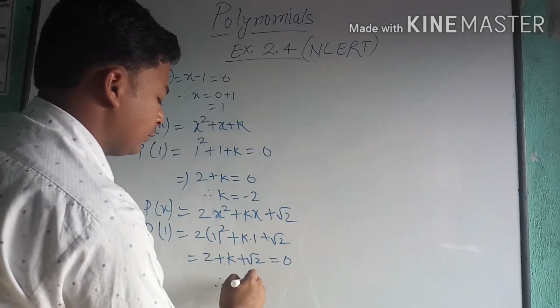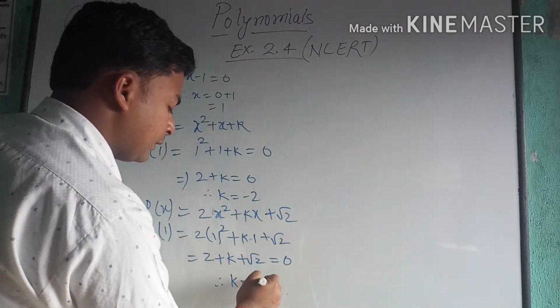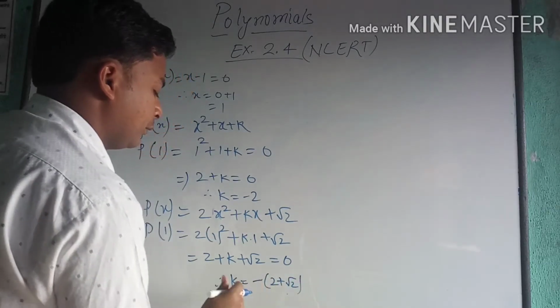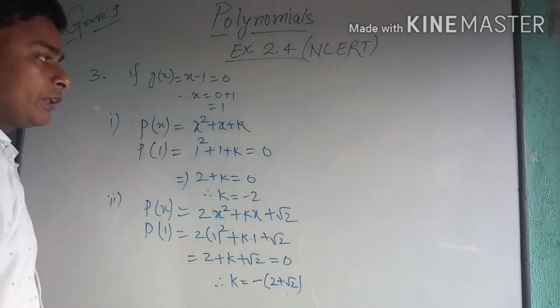Hence k is equal to, when it all goes to the left hand side, minus 2 minus root 2, because both will become negative, and if we take negative as common, it will give this result.